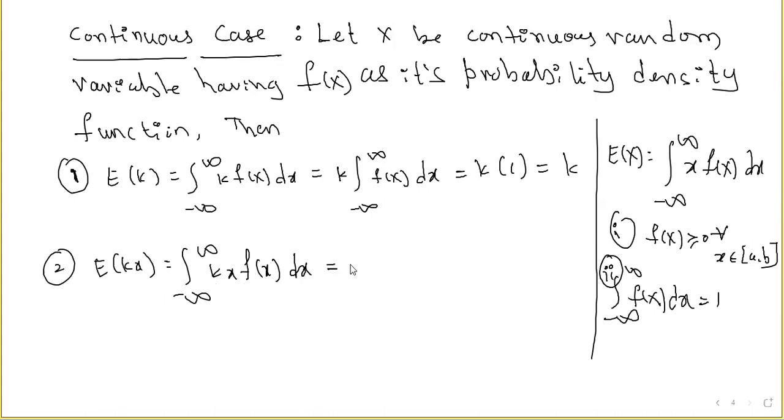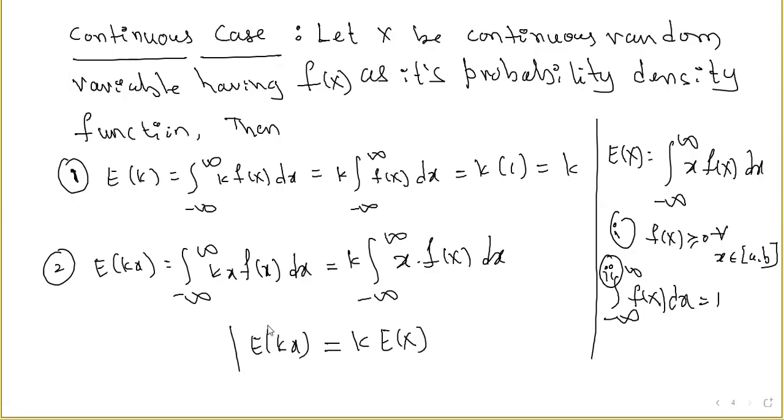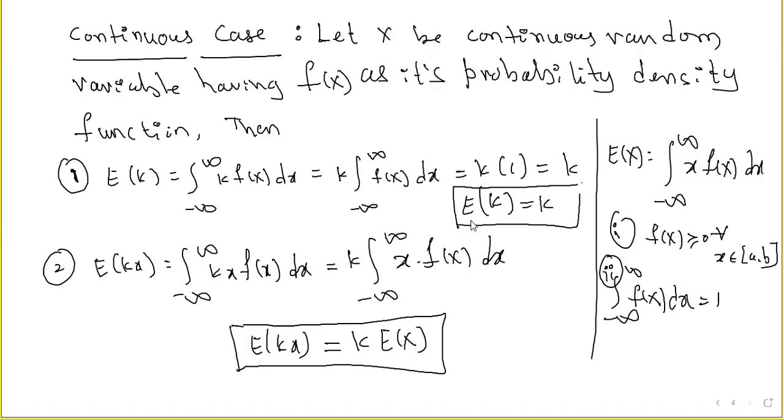So here k is outside, minus infinity to infinity x into f of x dx we have. So this is nothing but k into, by our definition, expected value of x. So the second proof is also proved: expected value of kx is equal to k into expected value of x. The first proof is expected value of k is equal to k. Clear?